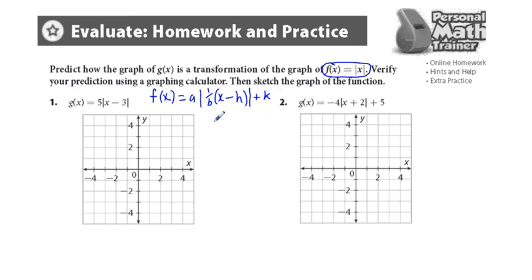And so your vertex is going to be the coordinate pair h comma k.